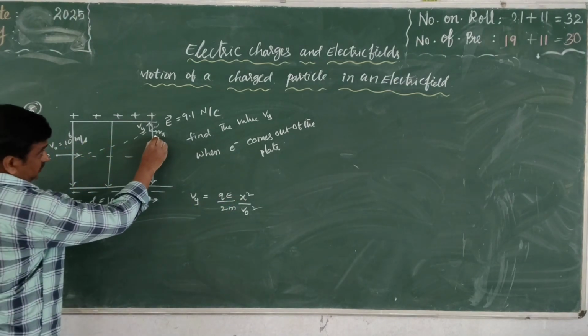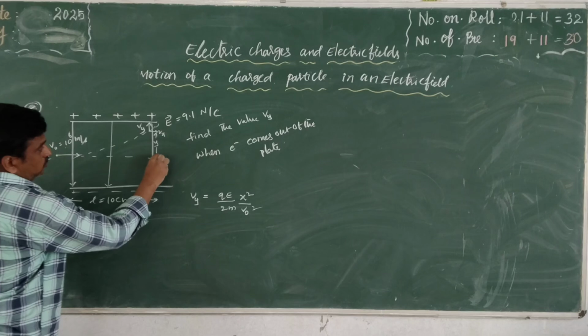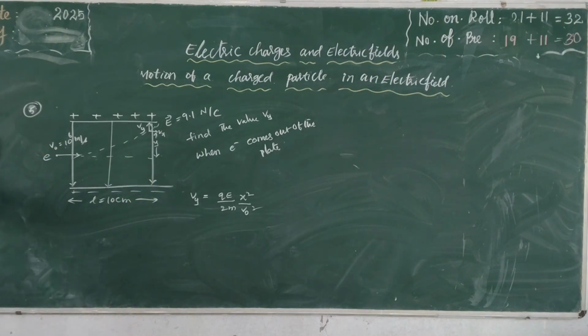So what is the total deflection along the y axis? But here we want the final velocity at which it just comes out of the plates.